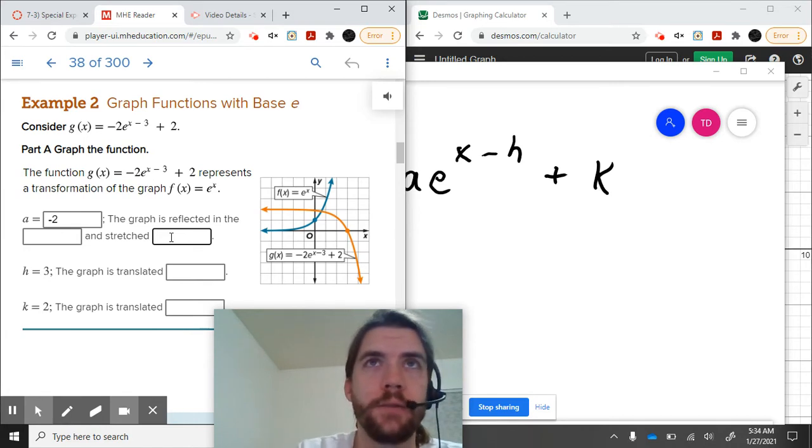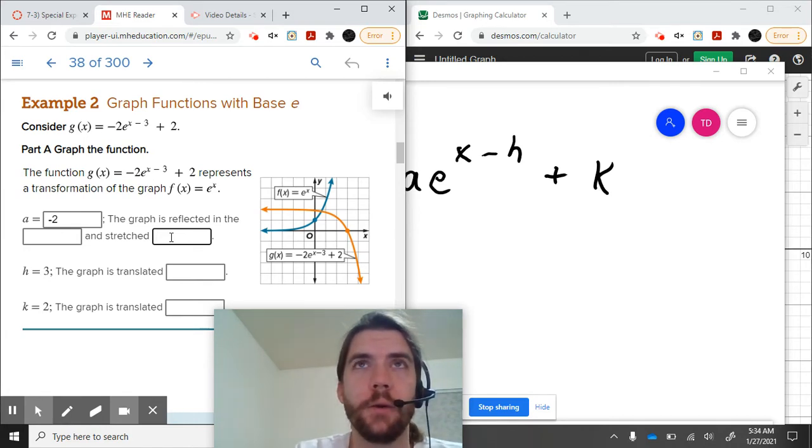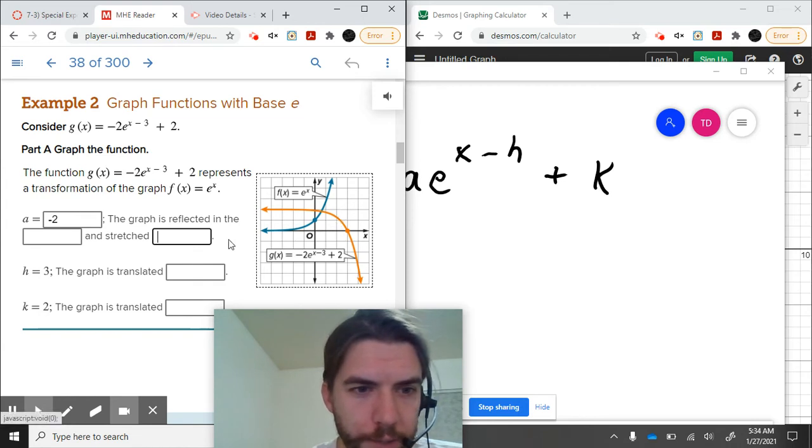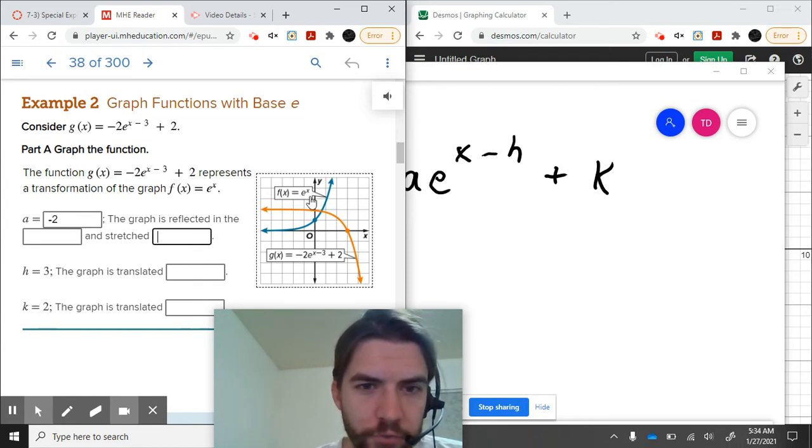Right, okay, so A is negative 2. It's reflected over the x-axis and stretched vertically. Okay, that's what they're looking for. H equals 3 means the graph gets translated 3 units to the right. So when we do x minus 3 up here, that moves us 3 units to the right. And the plus 2 moves us up.